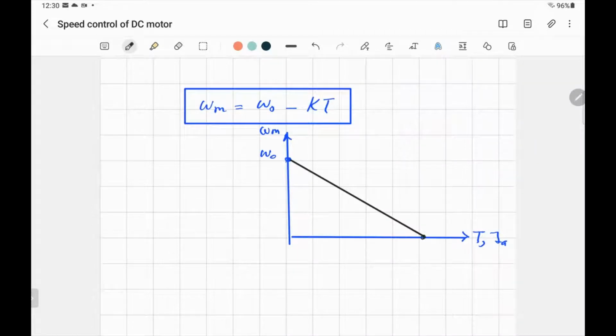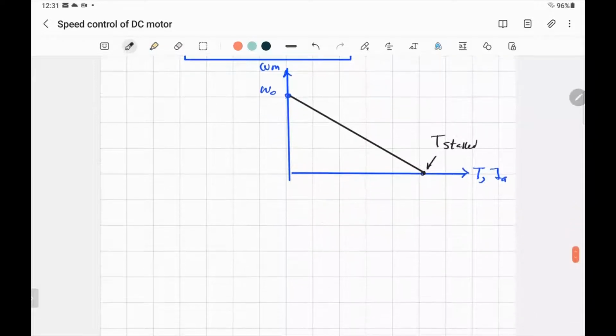At this point, what is the speed of the motor? 0, that's right. We call this T stall, the stalled torque, the torque that makes the machine plugged, not rotating. And that's very dangerous because it will draw a high value of armature current that can burn the motor if it's not protected. We never do that.